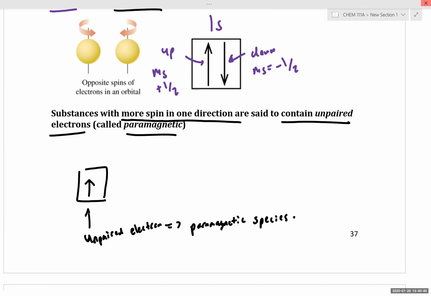It's because those pieces of metal have an excess of unpaired electrons, or an excess of electrons with one defined spin. And as a result, when you bring this paramagnetic substance or species into a magnetic field, it gets attracted to the magnetic field.